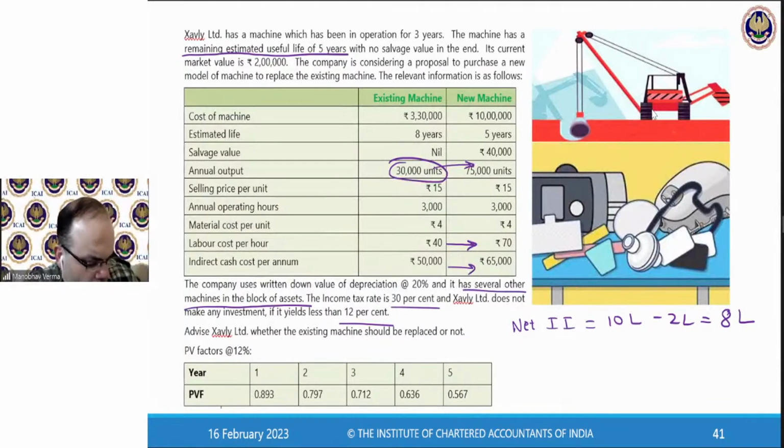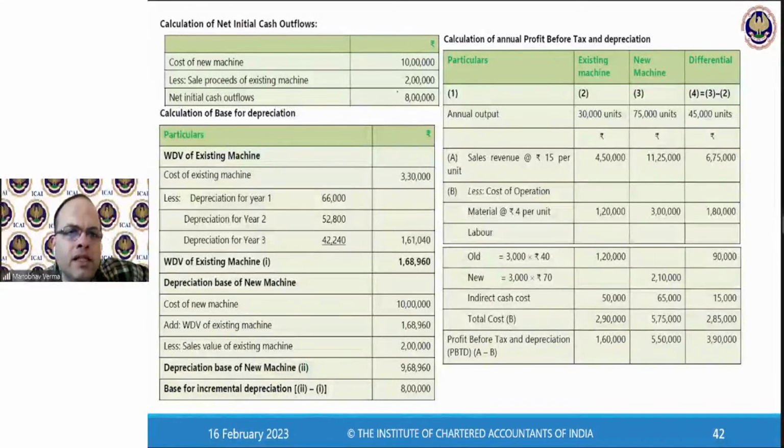Let's go through this together. So guys, we are all okay with the initial cash outflows of 8 lakhs here. Now, let us target the change in the cash outflows, the calculation of annual profit before tax and depreciation, and also understand what will be the change in the depreciation, guys.